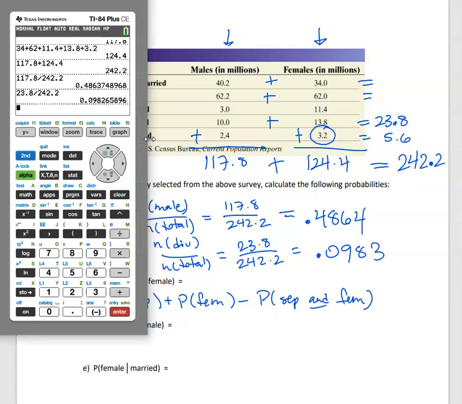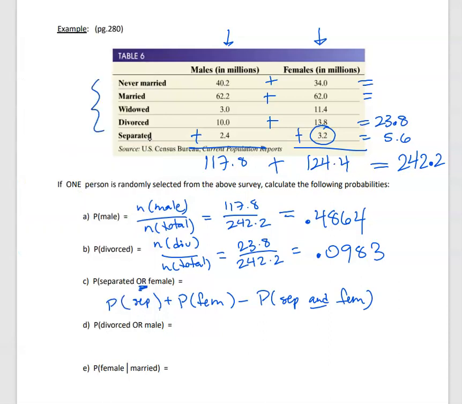So we're going to do these all out of the total. Here we can do each one of these as: the probability that somebody is separated is 5.6 out of 242 million. I'm just going to stack it down here, running a little bit out of space. The separated people, if we just do this probability, that's 5.6 out of the total 242.2.